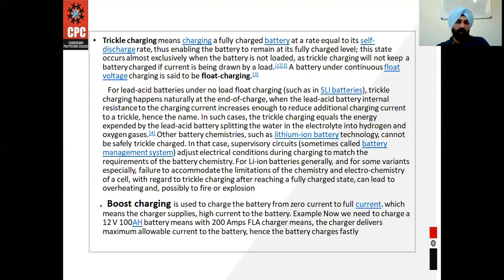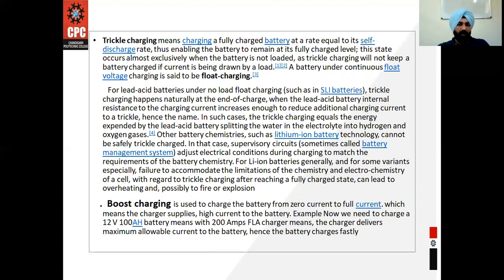Next is trickle charging. Trickle charging means charging a fully charged battery at a rate equal to its self discharge rate, thus enabling the battery to remain at its fully charged level. This state occurs almost exclusively when the battery is not loaded, as trickle charging will not keep a battery charged if the current is being drawn by a load.